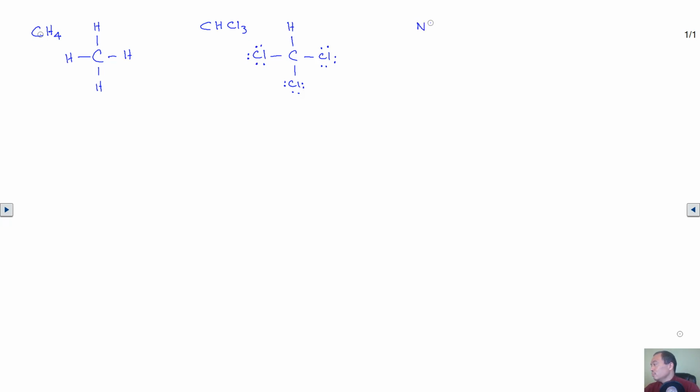For NF3, you have nitrogen sitting as the center atom with 3 fluorines, each have 3 lone pairs. Each lone pair has 2 electrons. Next we have CO2, which has carbon at the center connected with oxygens through a double bond.